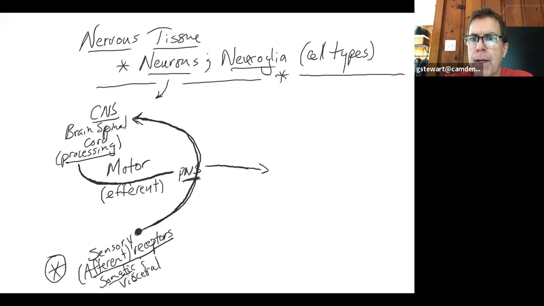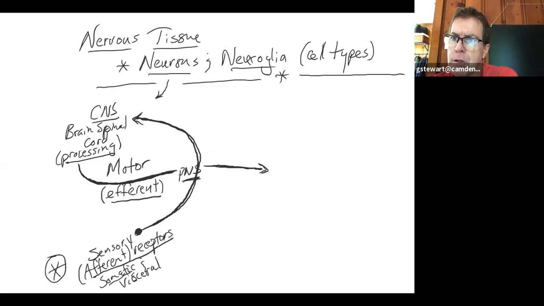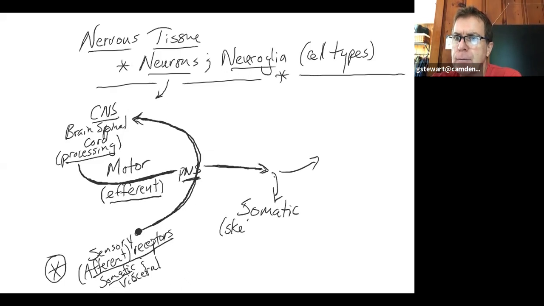And this pathway now from your brain sends an impulse that we call through the motor efferent division to the somatic arm of that efferent division, which is skeletal muscles, voluntary skeletal muscles, and it tells them to pull your finger away from that hot stove.